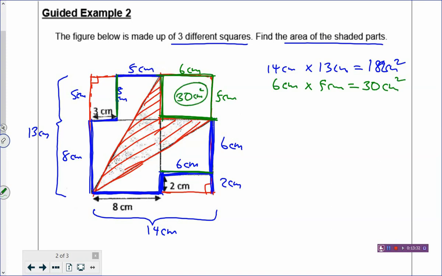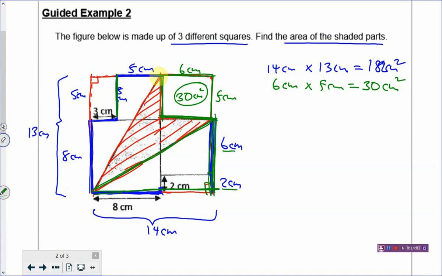Now, can you find the area of this big right angle triangle? Let's do some erasing, because there are a lot of things inside here. So let's erase all this. I want to find the area of this right angle triangle. How do we find it? Well, the base of this big right angle triangle is 14, and the height will be 8, because you can see 6 plus 2.